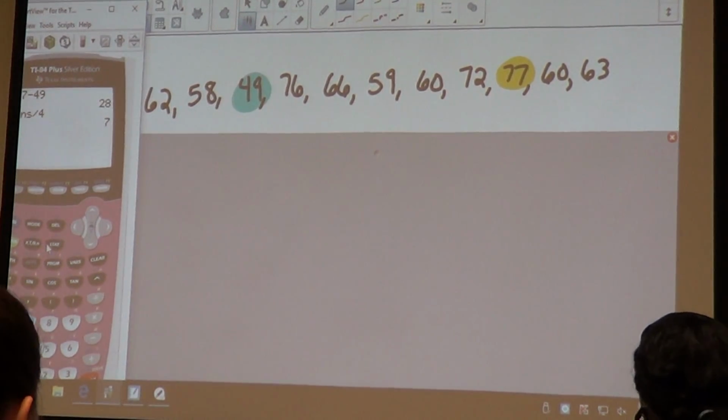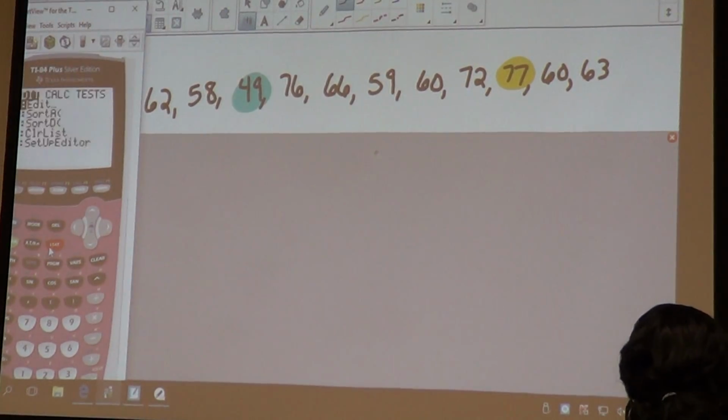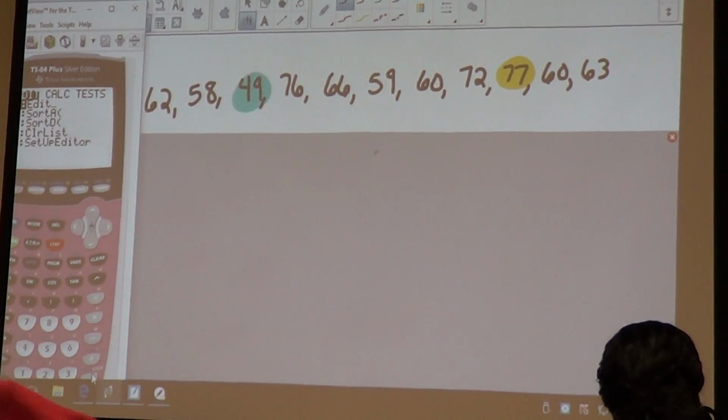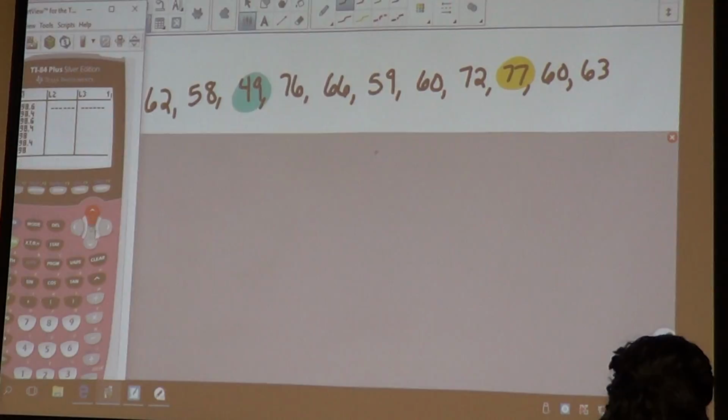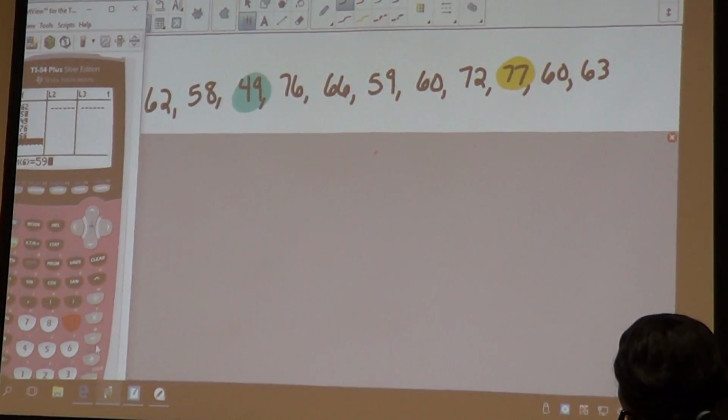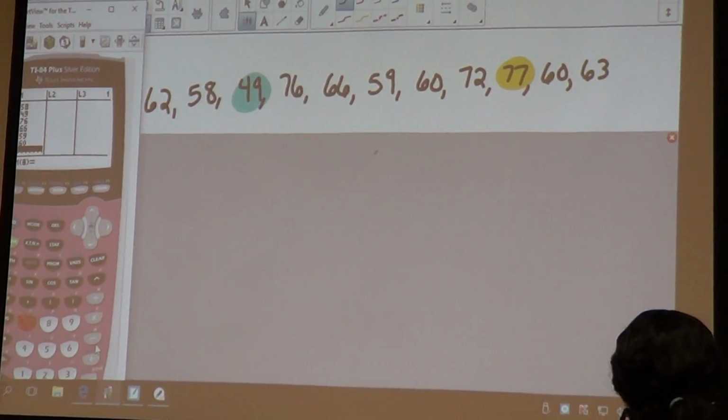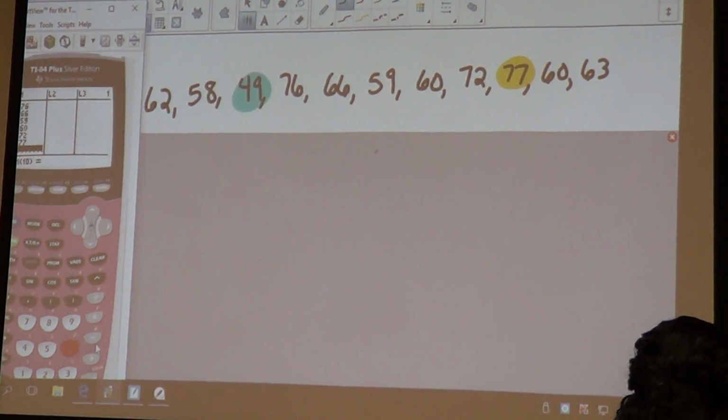If I want to know the exact standard deviation, I'm going to do stat edit, go to the top, clear it out, hit enter, 62, 58, 49, 76, 66, 59, 60, 72, 77, 60, and 63.